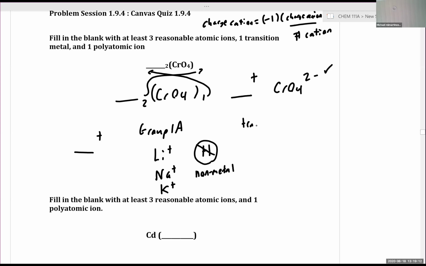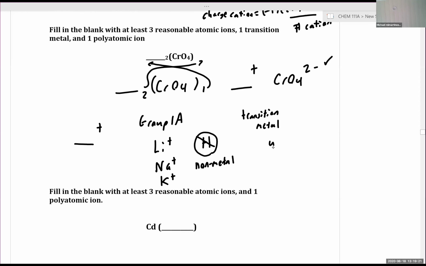For our transition metal, you can of course list any transition metal, such as, for example, copper plus, or you can list a fixed charge transition metal, such as silver plus.